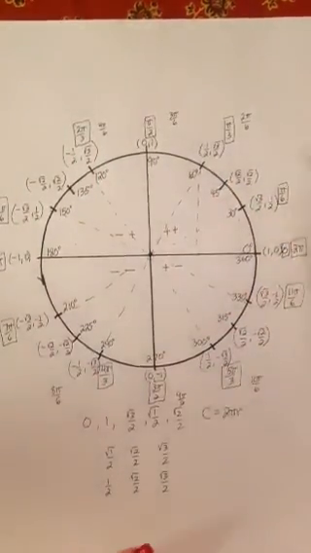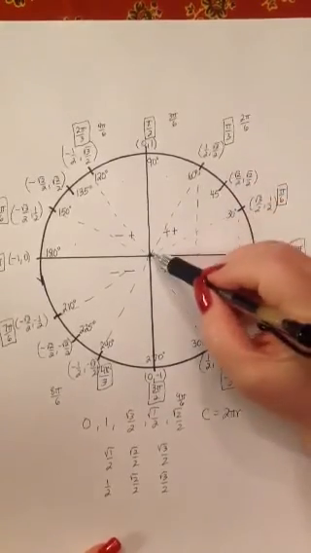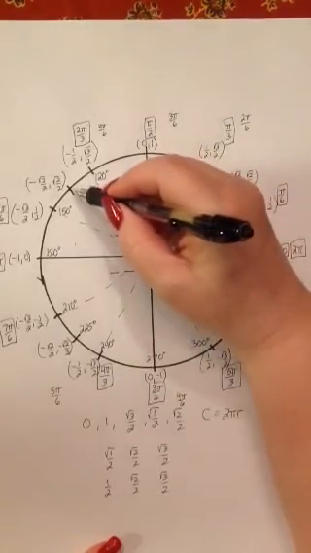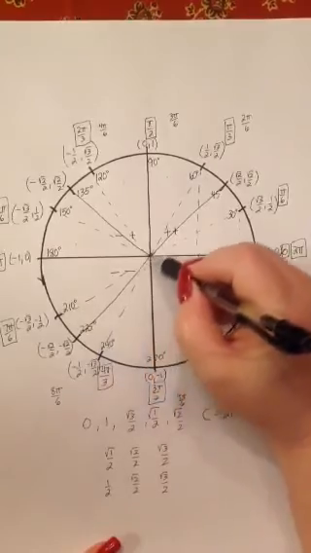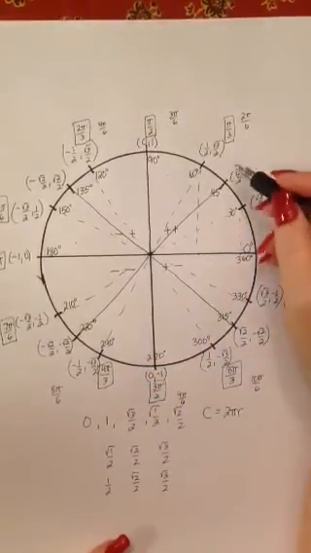Alright, so the only thing I'm missing are all the multiples of 45. If you drew a line to each one of the middles of your quadrants, they're not very straight, but you get the idea.